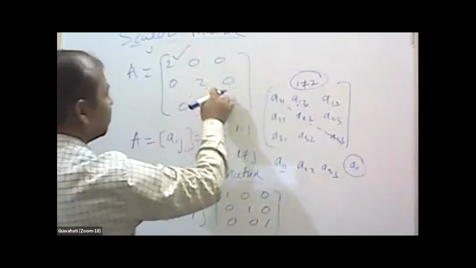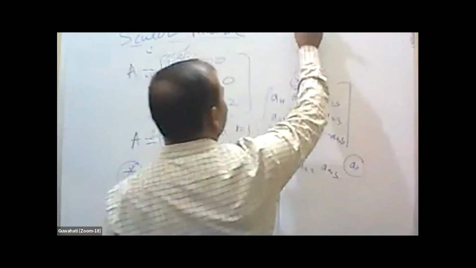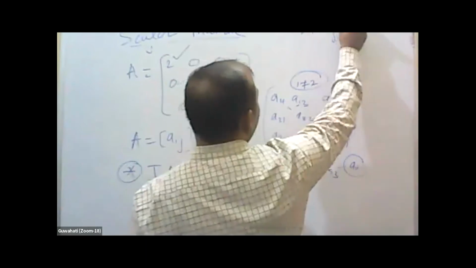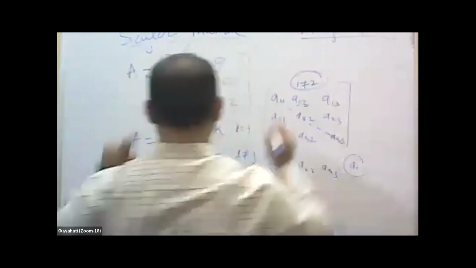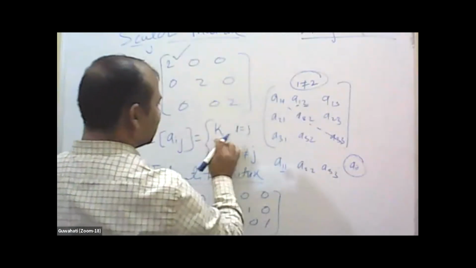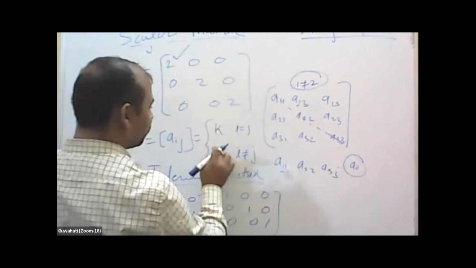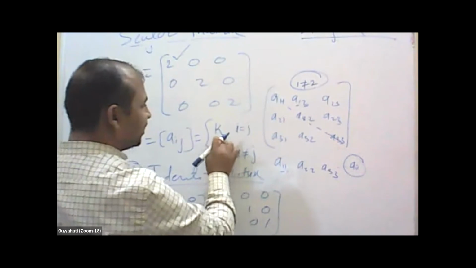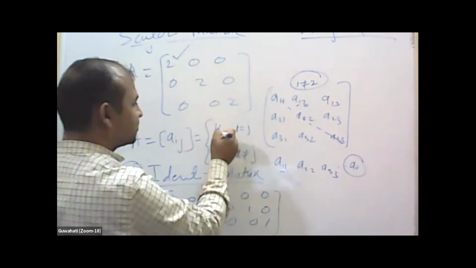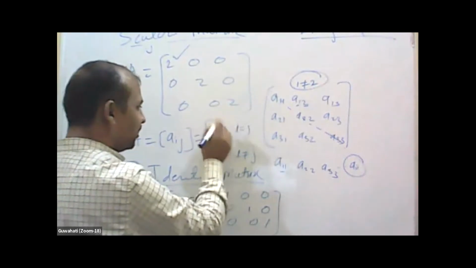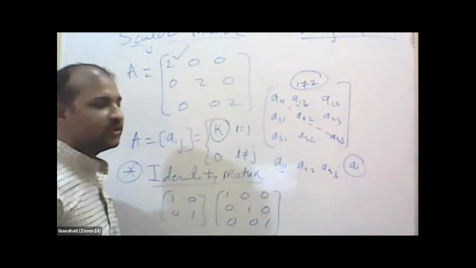This is the definition of a scalar matrix, right? It is scalar, meaning all should be the same. In a diagonal matrix, diagonal elements should not be zero. So here we can write it as non-zero. You can write any number if i is equal to j, any number which should not be zero.